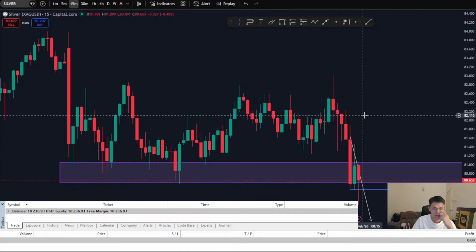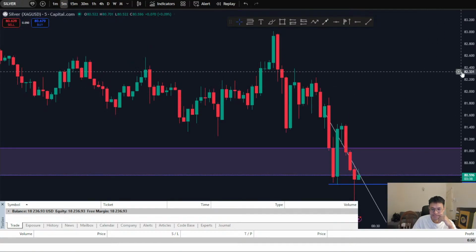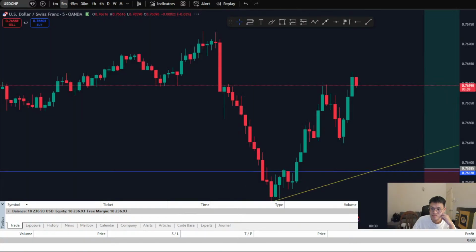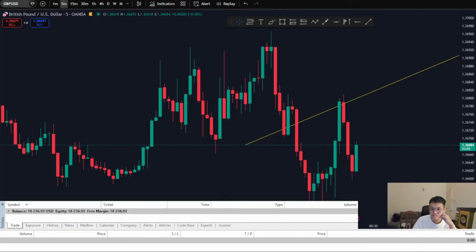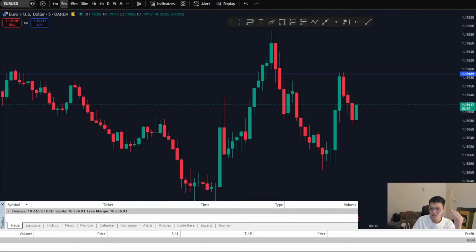Guys, I think this is a liquidity grab. Oh, the US dollar starts to retrace.